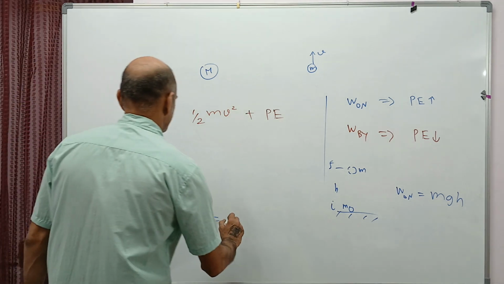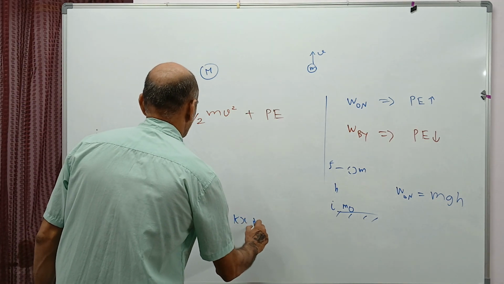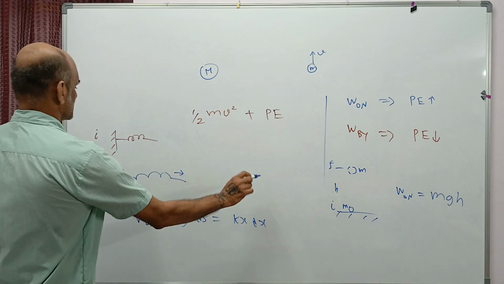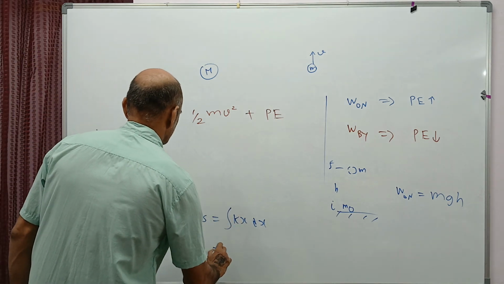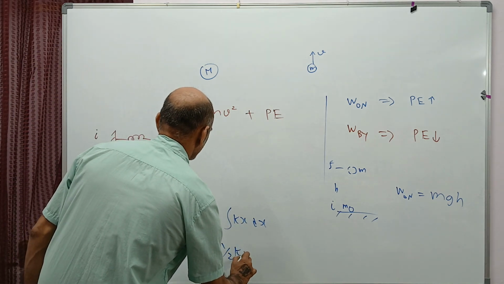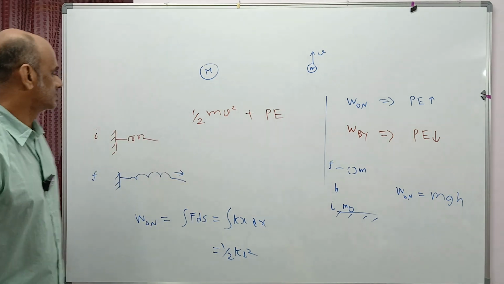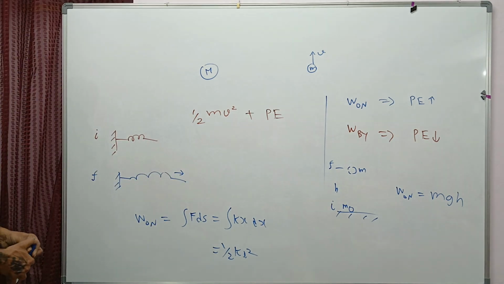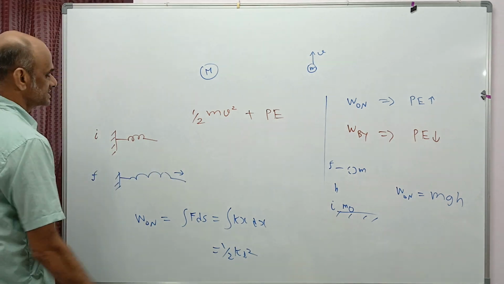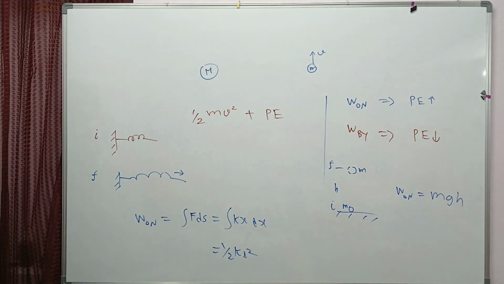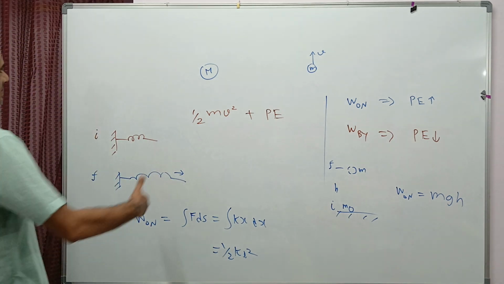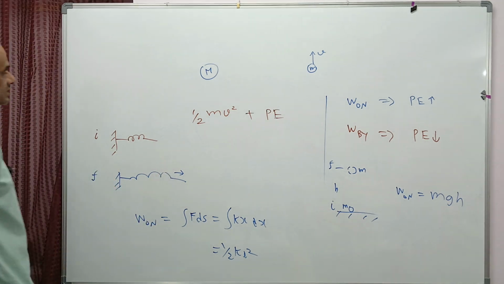and the force exerted by a spring is k into x, and ds is dx. If you choose the x-axis towards the right, integral, this will come out to be half k x square, which is the energy stored in the spring, which is the potential energy of the system. So here also I'm doing work to stretch the spring, which is getting stored in the system as potential energy. Similarly, if I compress the spring by x, again I have to do the same work.